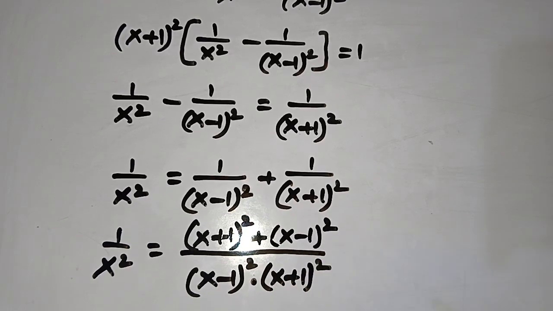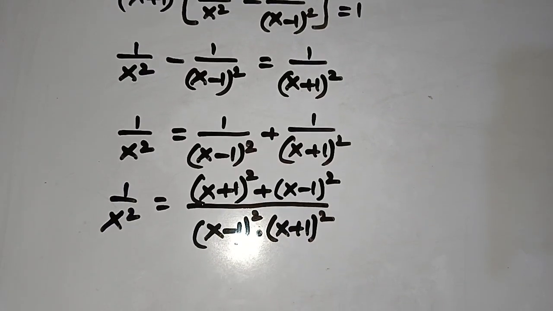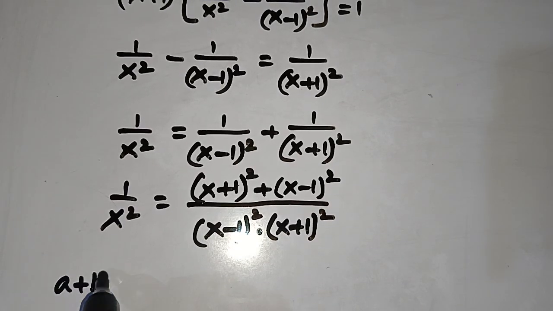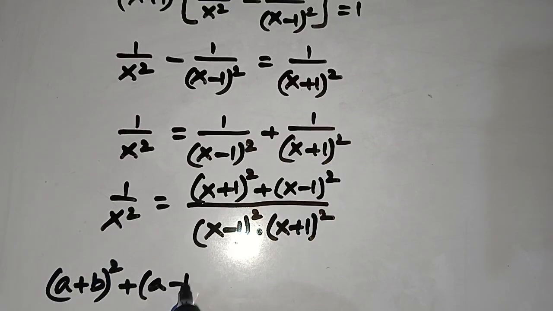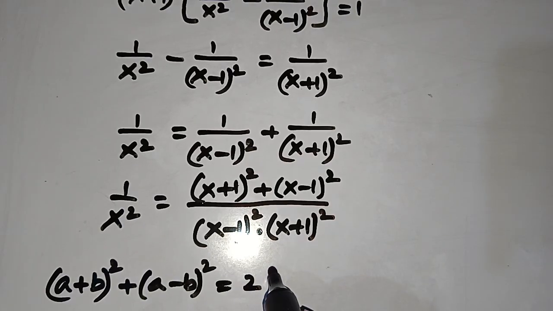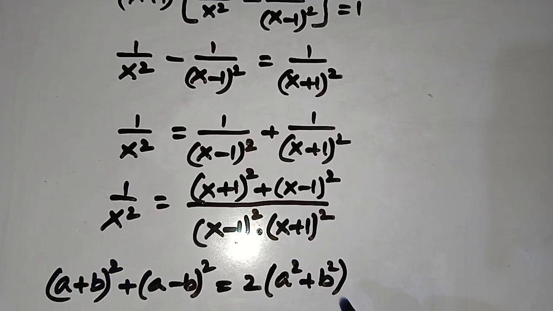And from algebra we know that if we have (a plus b) whole square plus (a minus b) whole square, this gives 2 times (a square plus b square).